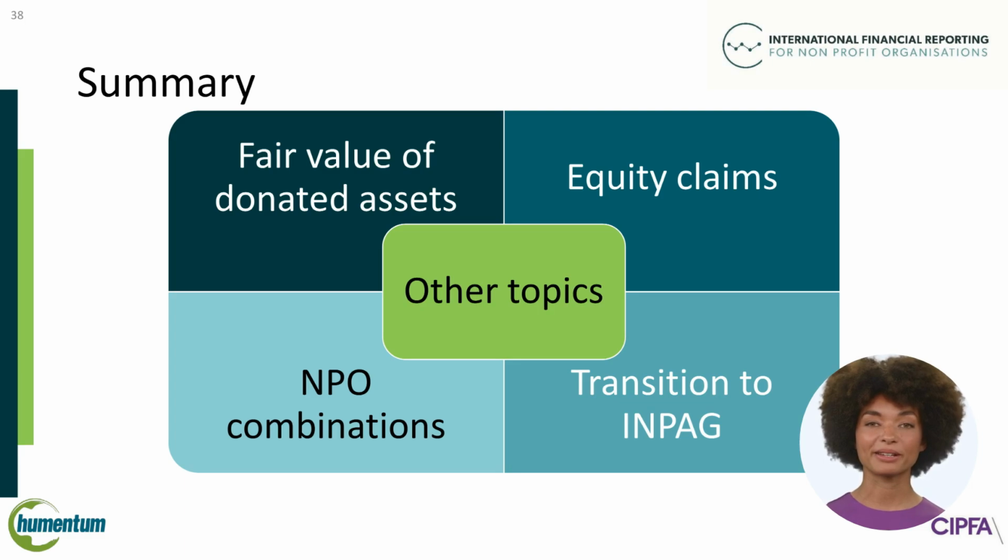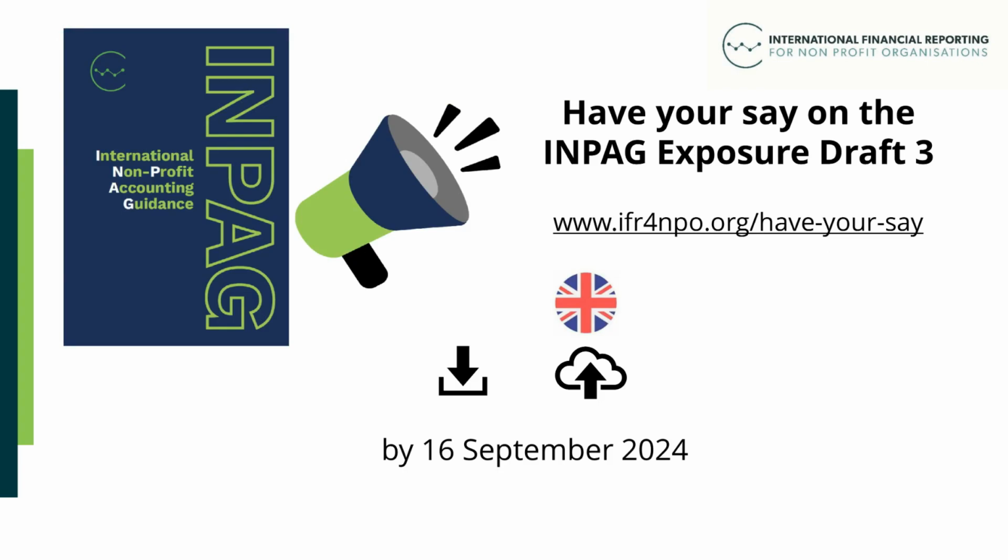Amendments have been made to the section on business combinations to clarify how its requirements apply to NPOs. Finally, we describe the requirements for any NPO transitioning to INPAG. This includes a transition period to allow the adoption of narrative reporting requirements and clarification about how the requirements apply to NPO-specific transactions. We look forward to hearing your feedback on these proposals.